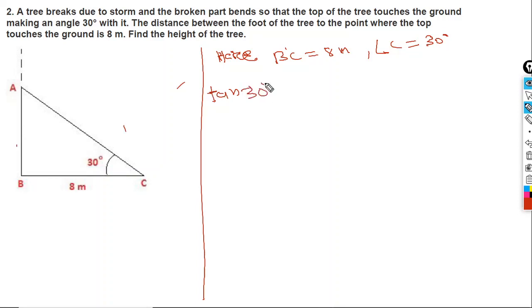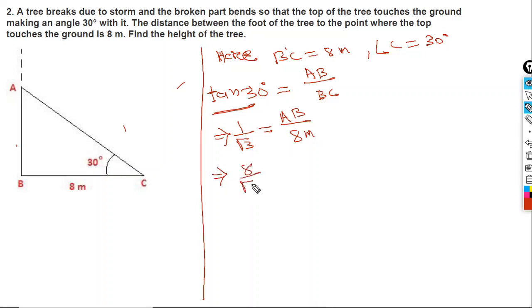Tan 30 degrees equals AB by BC, which implies, you know, the value of tan 30 is 1 by root 3, equal to AB, whose length we don't know, divided by BC. BC is 8 meters. Implies 8 by root 3 is equal to AB.